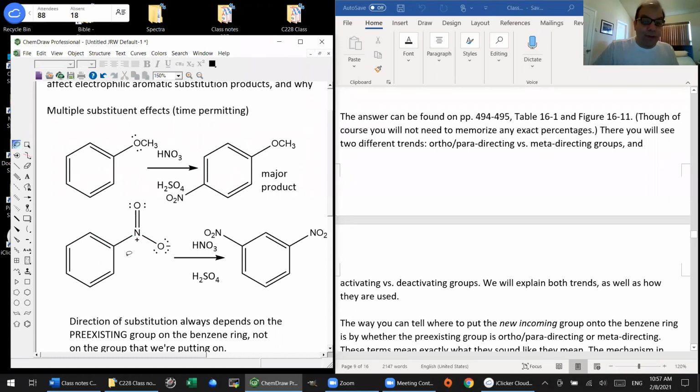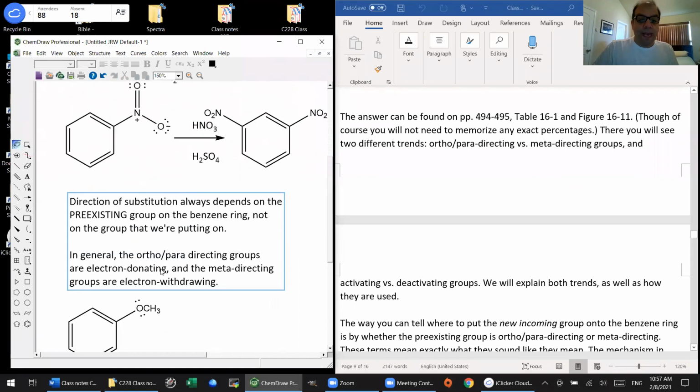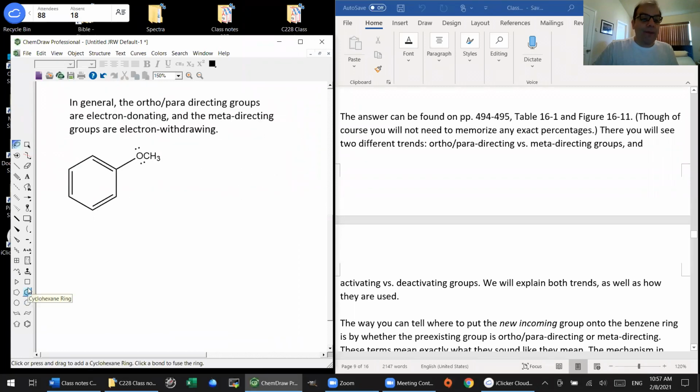And if you look at the other meta-directing groups, I think you'll see that they're largely carbonyl groups with a C double bond O directly attached to the benzene ring. And so how come carbonyl groups are electron withdrawing? I'm trying not to jump around too much, but I'm also trying to show you enough that you can buy into why the electron donating groups are electron donating and why the electron withdrawing groups are electron withdrawing.